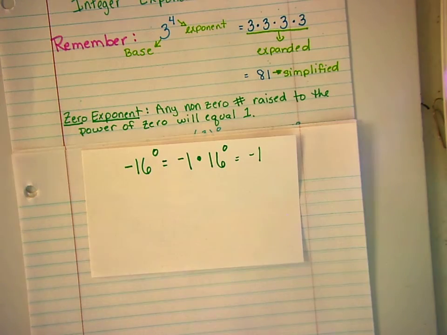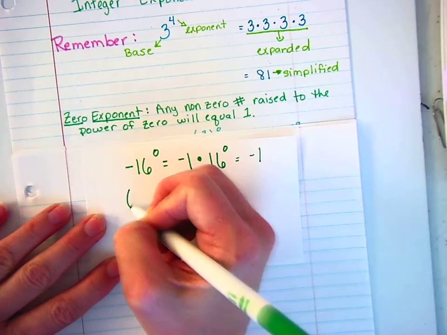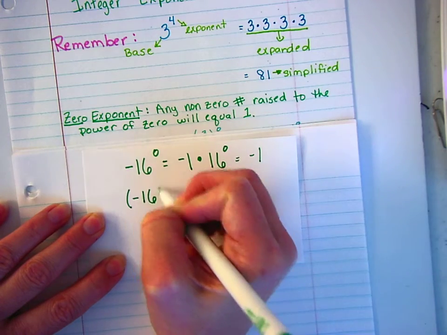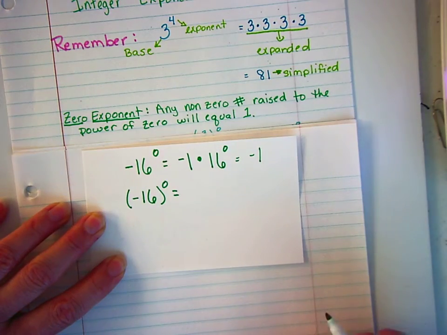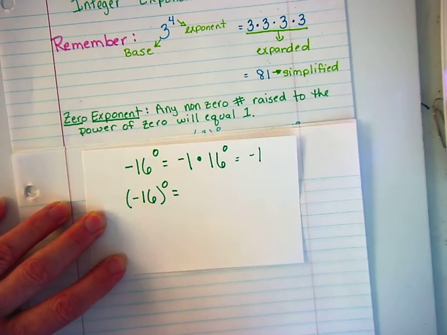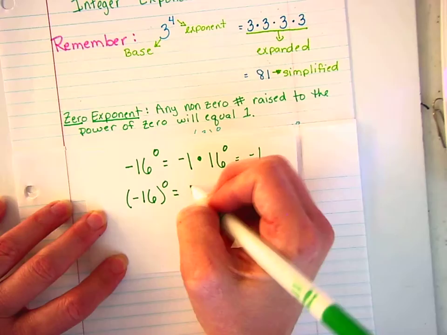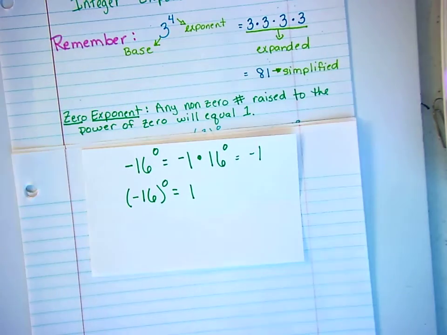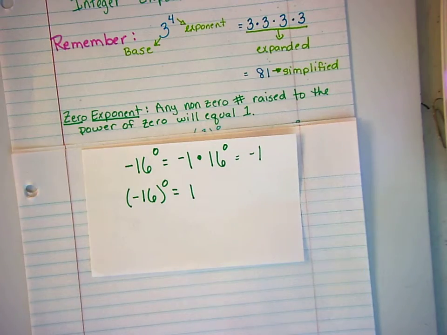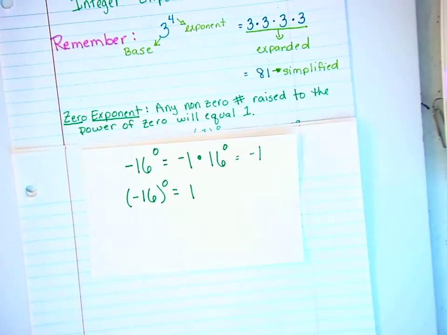Now, what if I were to put that in parentheses? Negative 16 raised to the power of 0. Now the 0 is being applied to the 16 and the negative sign. What will the result be? 1. So that explains why sometimes you get that negative 1 as an answer.